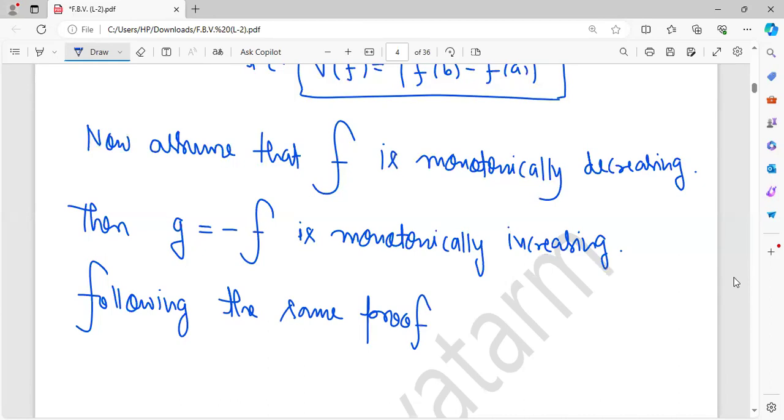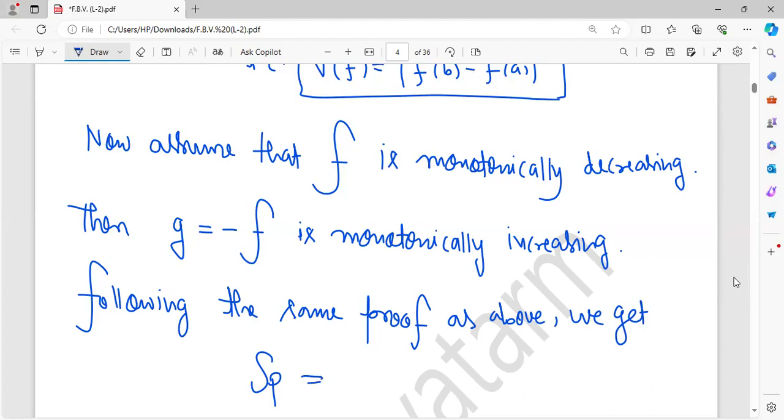Following the same proof as above, we get SP for G. What is SP for G?